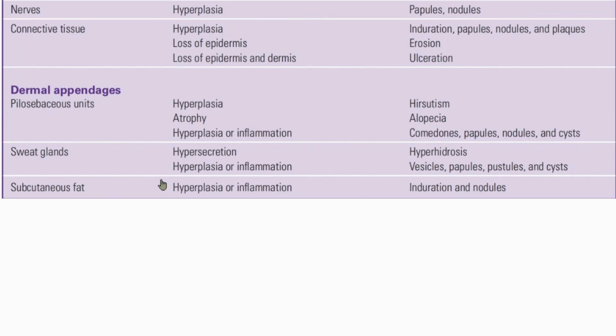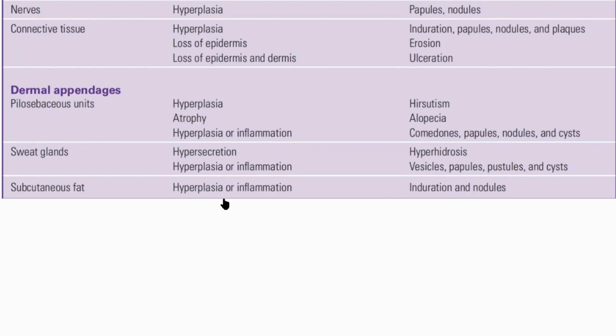In sweat glands, we can see hypersecretion, hyperplasia, or inflammation. In hypersecretion of sweat glands, we can see hyperhidrosis. And in hyperplasia or inflammation of sweat glands, we can see vesicles, papules, pustules, and cysts.